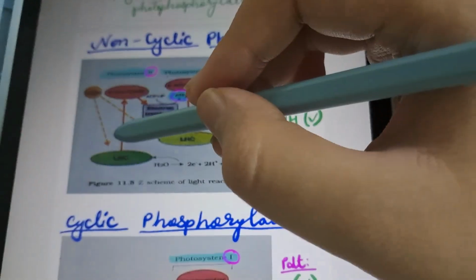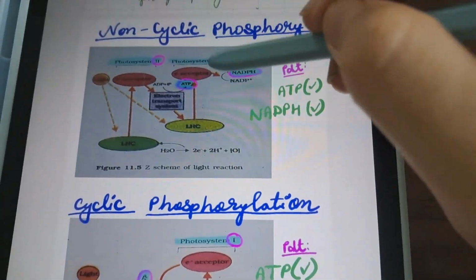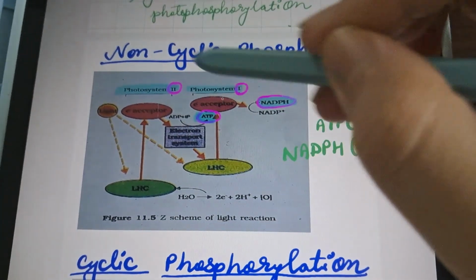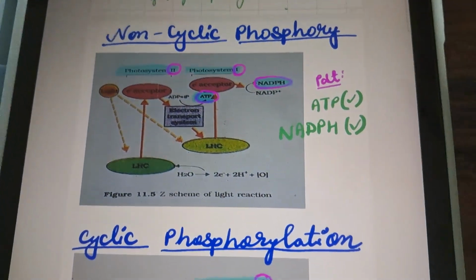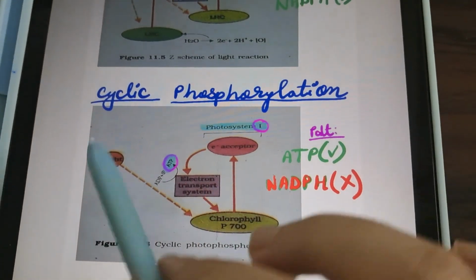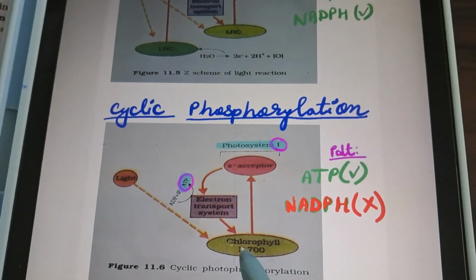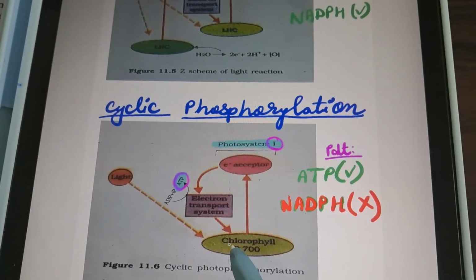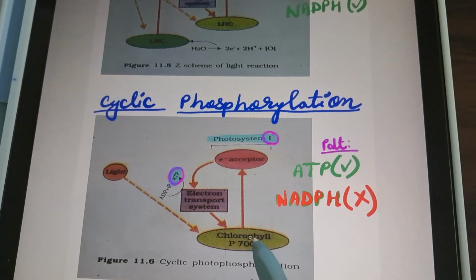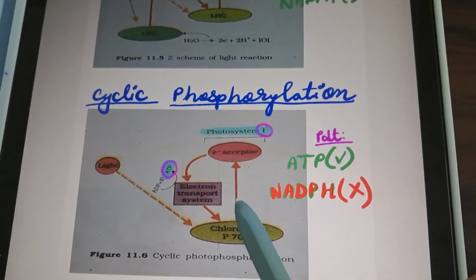In non-cyclic, a Z scheme is noticed. You can say that a Z scheme is associated with non-cyclic phosphorylation, but there is no such Z scheme in cyclic phosphorylation. Light will fall here, PS1 electron will get excited.